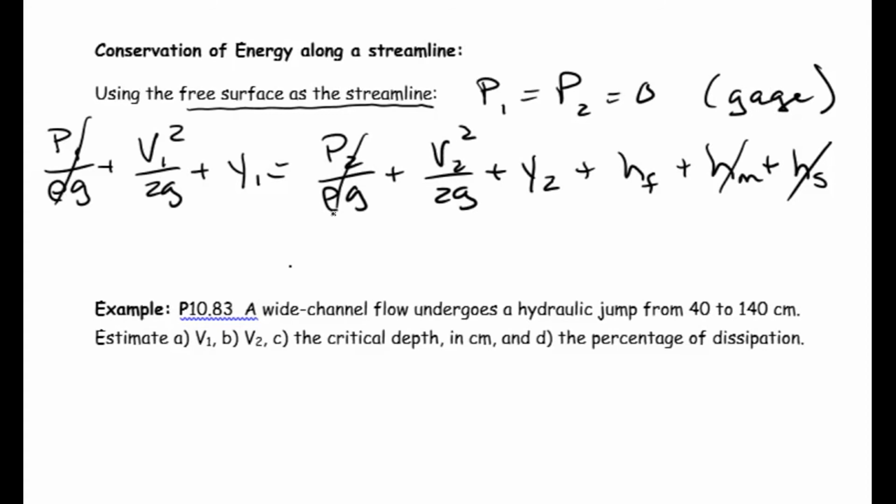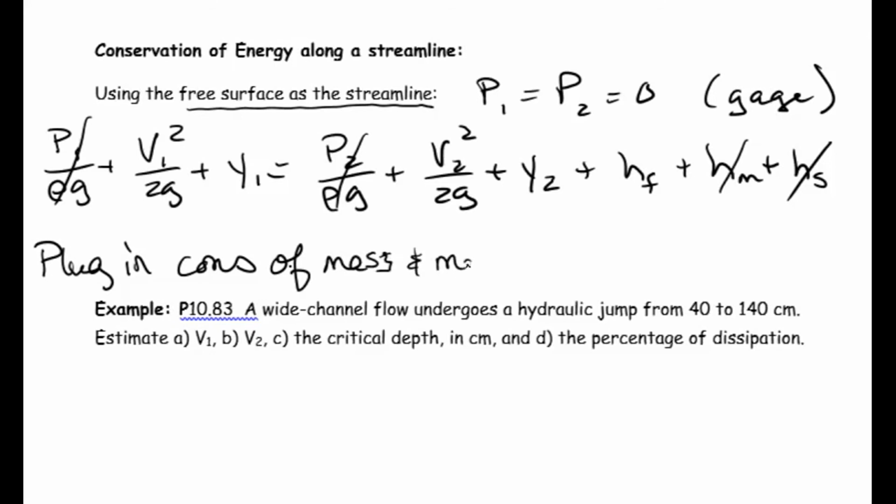All right, so what we also know, we can plug in conservation of mass and what we got from conservation of momentum. And what we're going to end up with is, again, algebra.